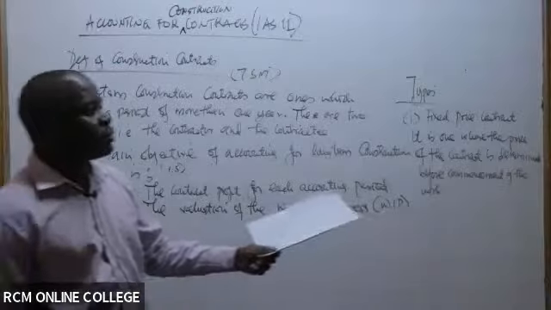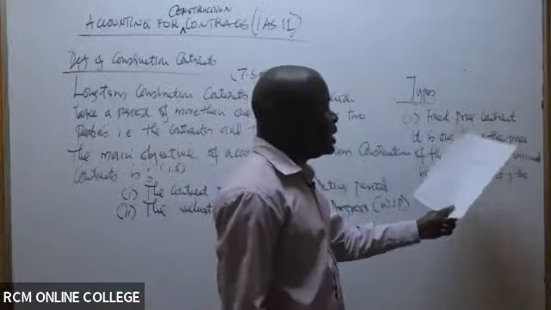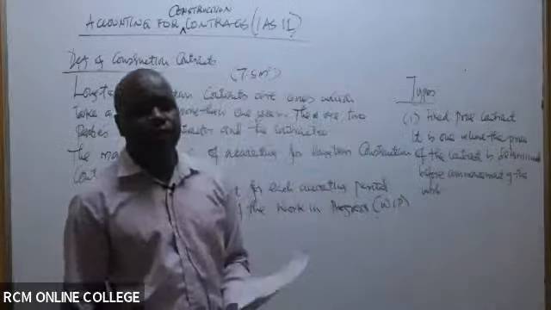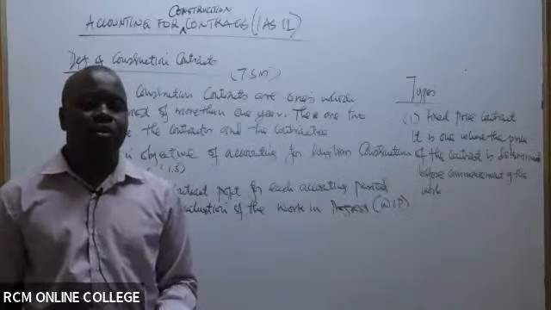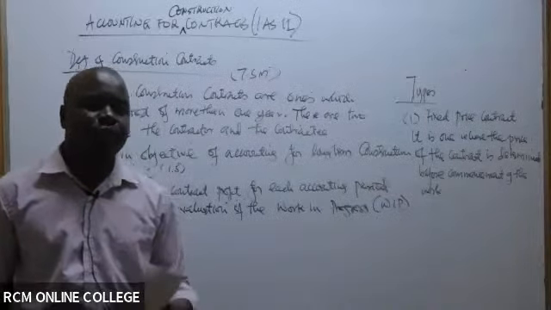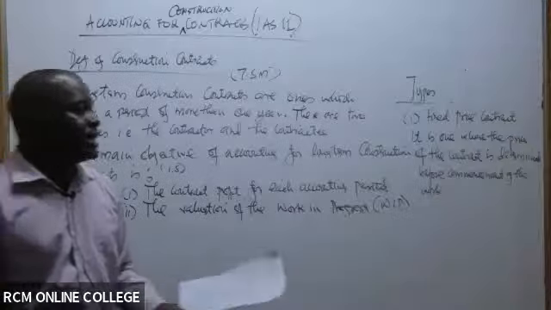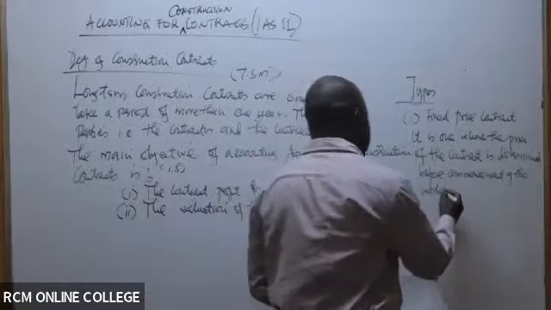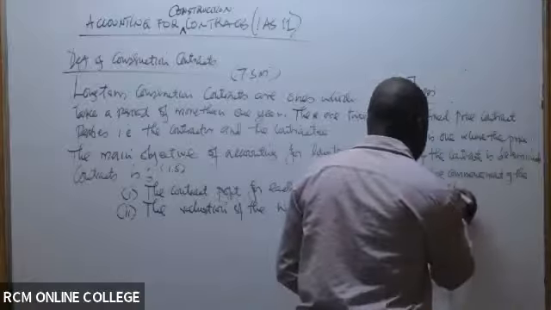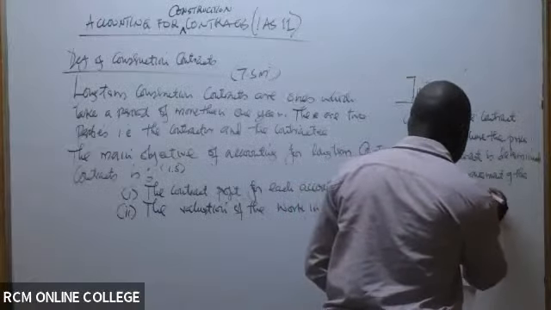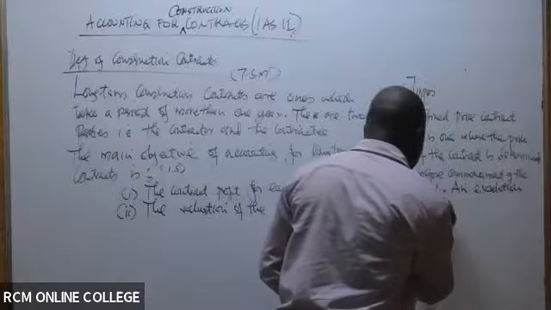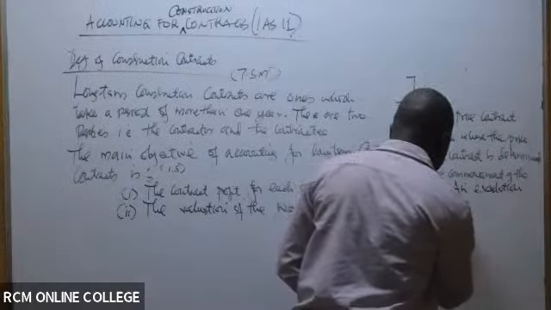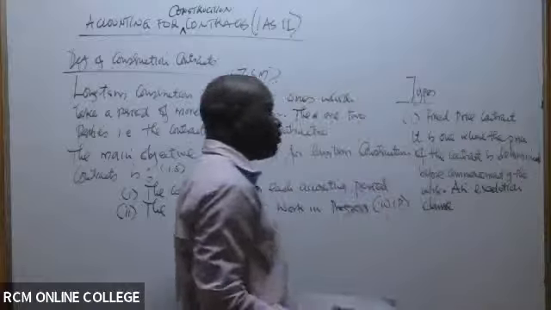So we can have a fixed price contract, one whereby the price of the contract is fixed before the commencement or inception of the contract. But you can say an escalation clause can be included. A clause is like a paragraph. It can be included in this kind of contract.